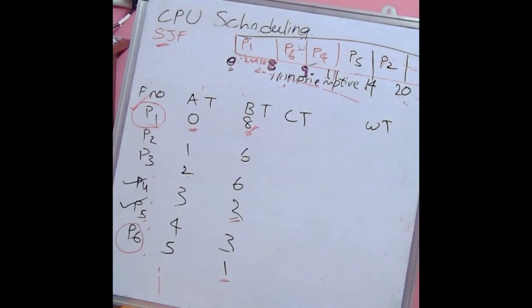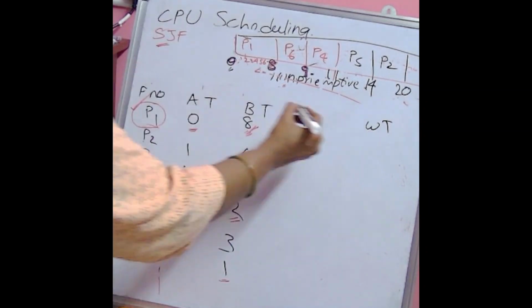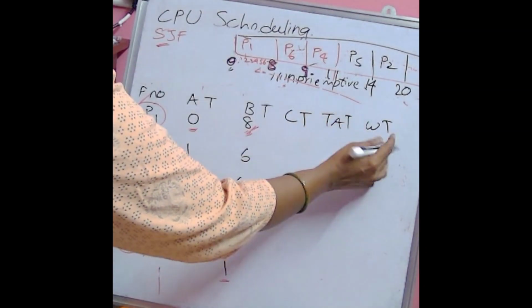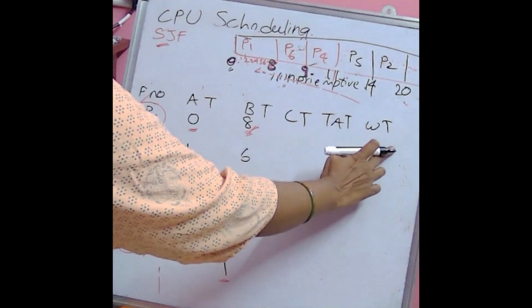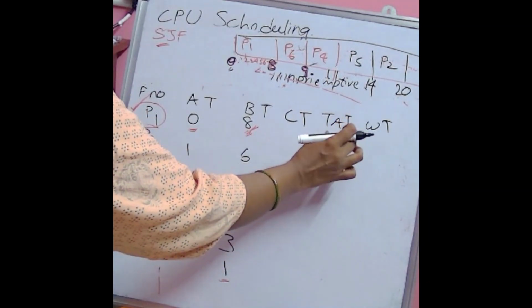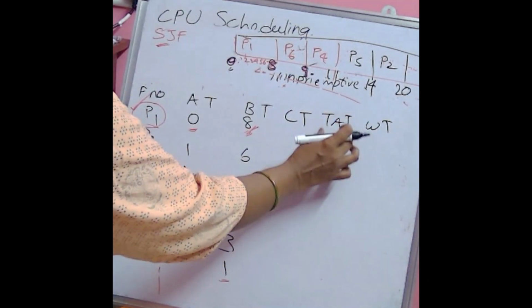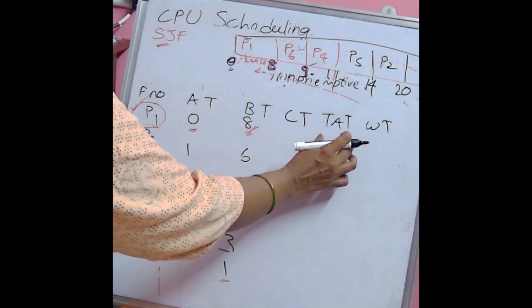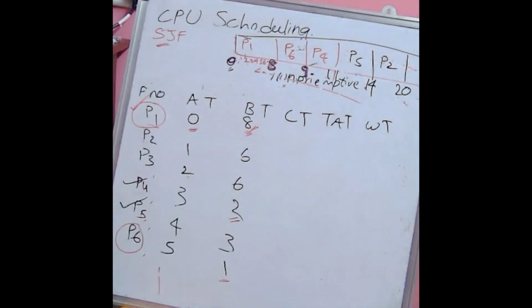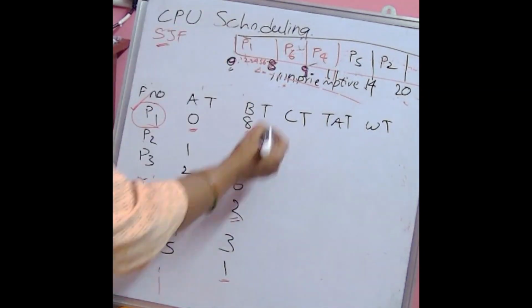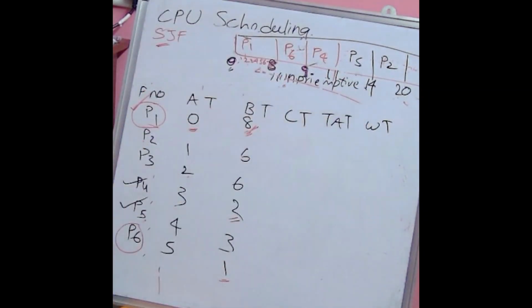From the relative time of arrival till the completion of the program, how much time it spends, that we call turnaround time. So with the Gantt chart, we get the completion times.